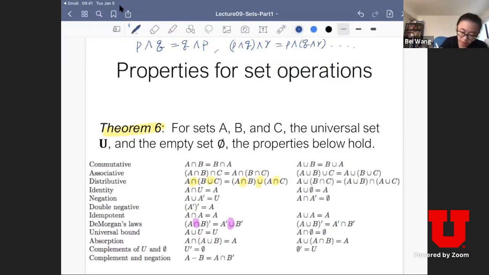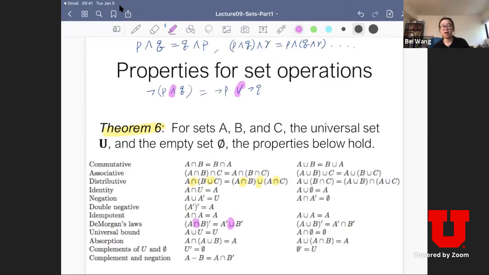If you recall the De Morgan rule for negation of P and Q, you get negate P or negate Q. Again, we change the direction from and to or, and later on from or to and.